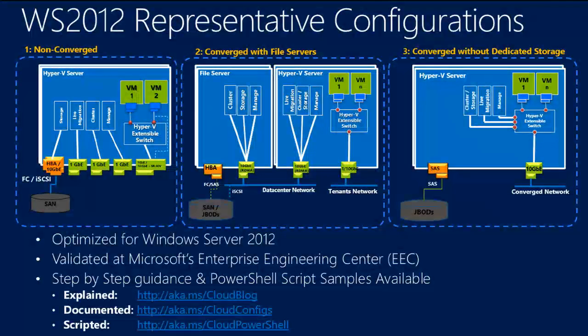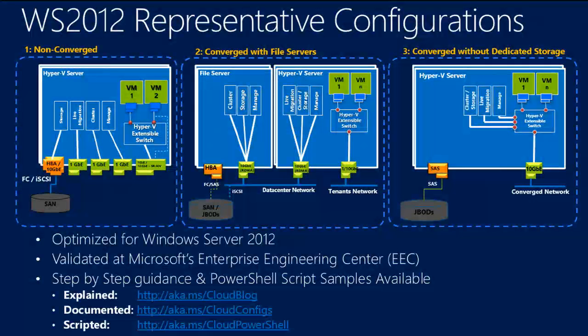If you're going to go with the file servers approach, the separated network approach for data center and tenants, then the middle one would be the right one for you. And if you want to go with the one based on Hyper-V, connected directly to JBODs and Storage Spaces, then option 3 was your option.